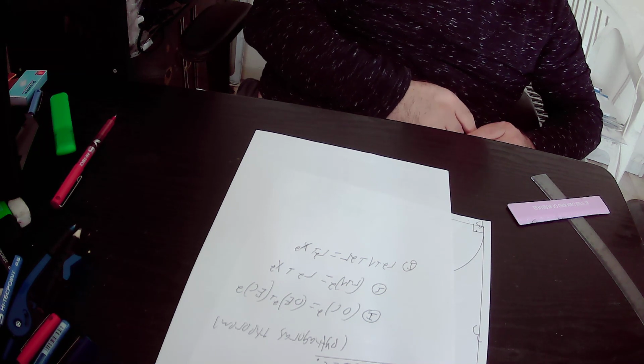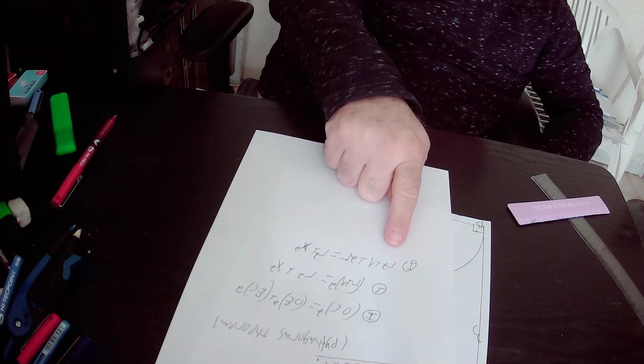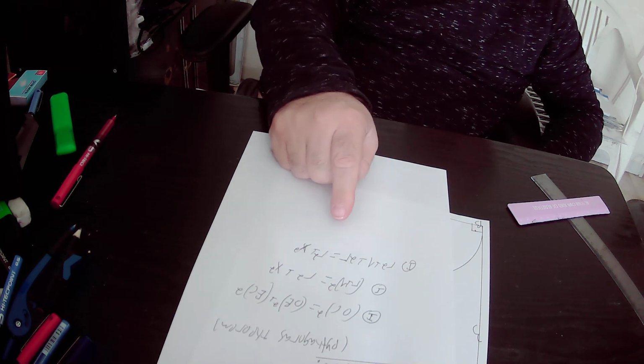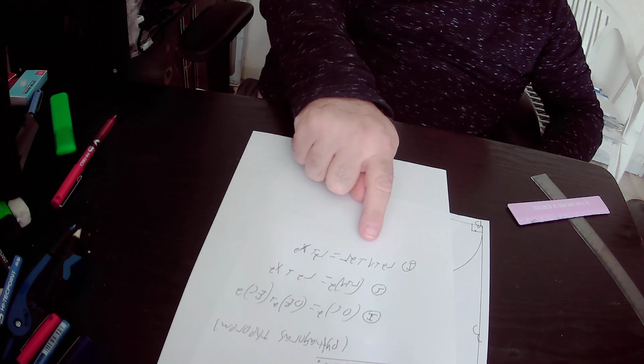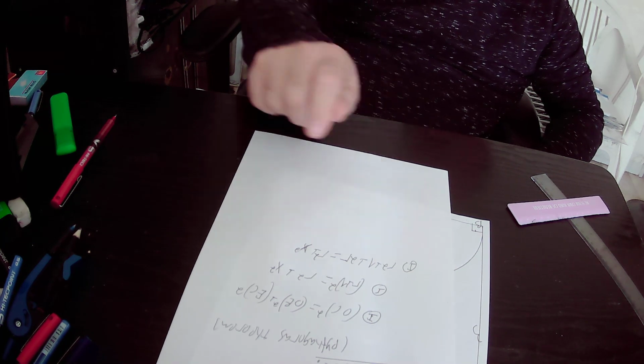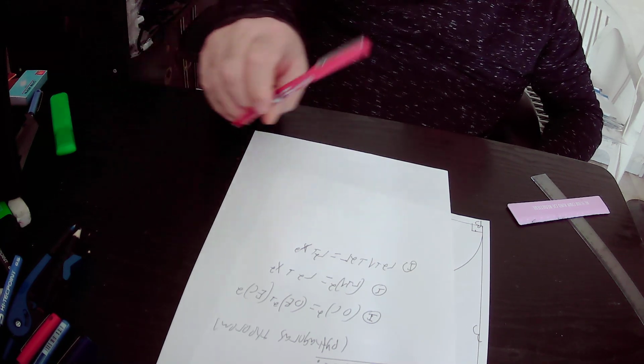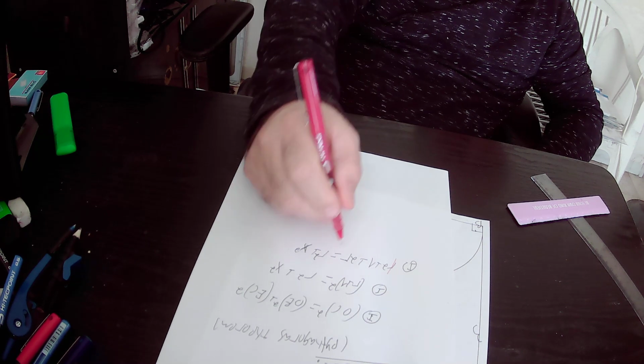Here we have R square on this side of equation number 1 and R square on the other side, so we subtract R square and it gets cancelled.